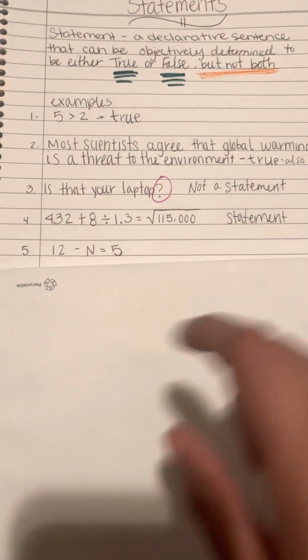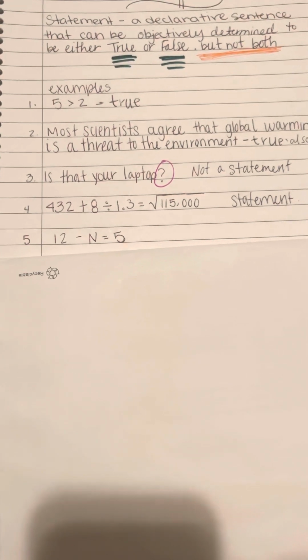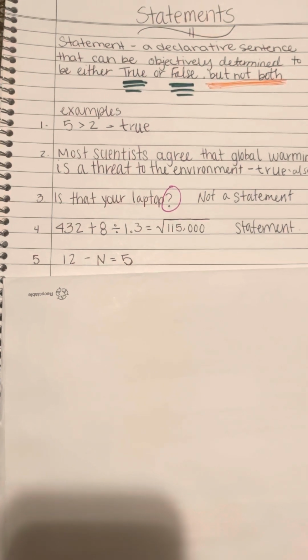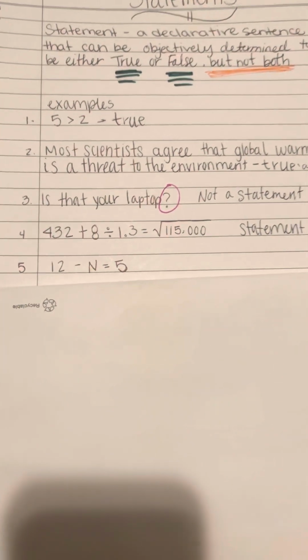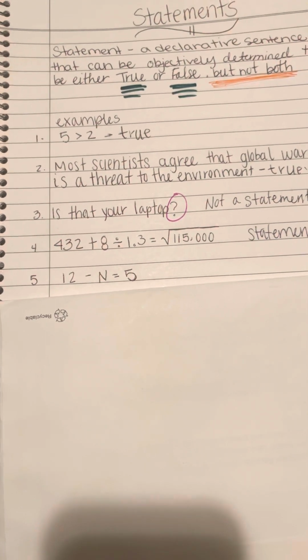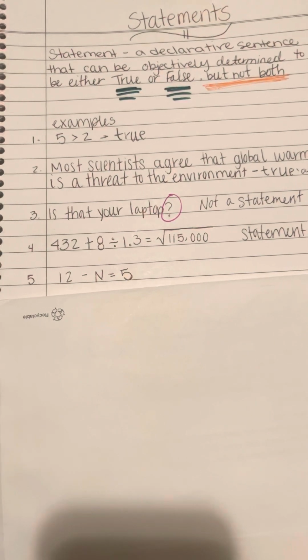Lastly, we have 12 minus n equals 5. Now, what throws us off here is our expression, which is n. With n, it's hard to know, does 12 minus n really equal 5? We don't know. We'd have to solve it. But see, that's the thing: we don't have to solve a statement.